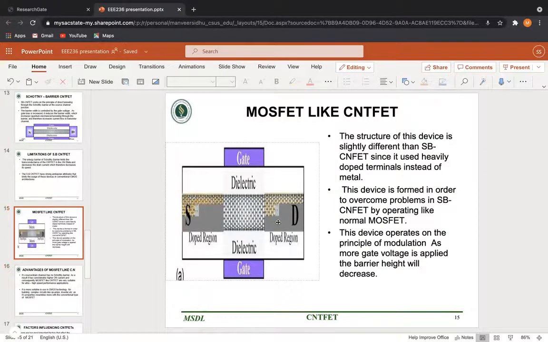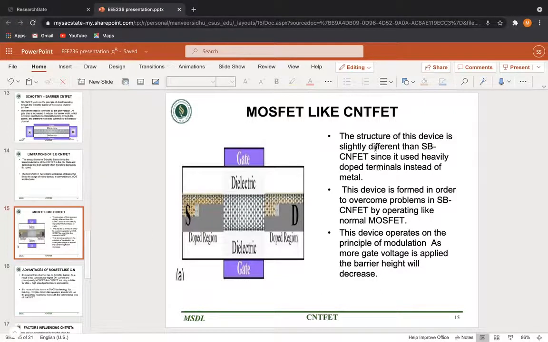Another type of CNTFET that came up was the MOSFET-like CNTFET. As we can observe from its name, this type of CNTFET behaves like the MOSFET, and it is true.